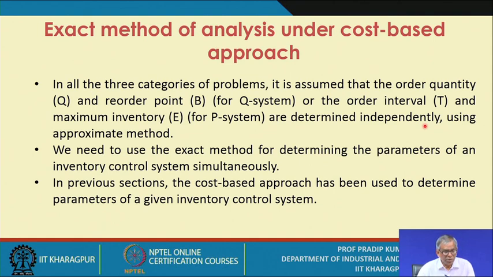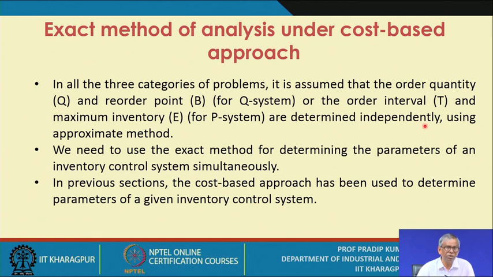Now let us first go back to our discussions, or the description of the inventory control systems. We have already in the previous lecture sessions referred to three categories of problem: category 1, category 2, category 3.